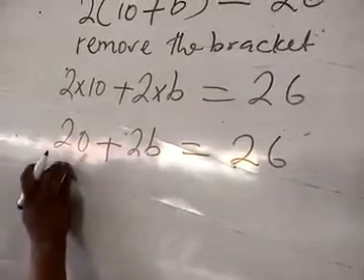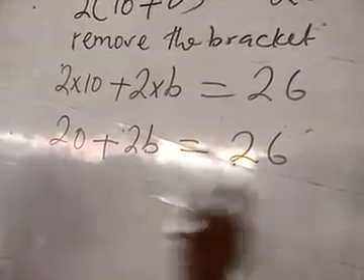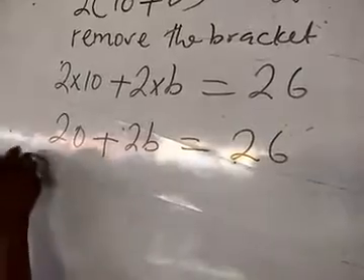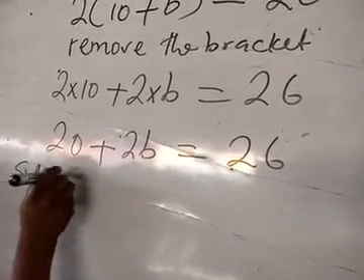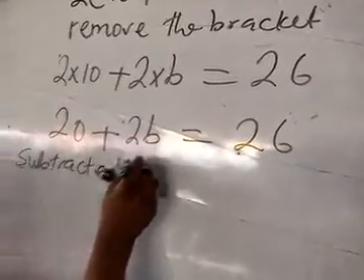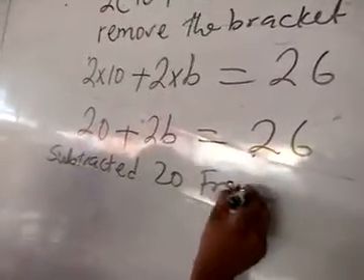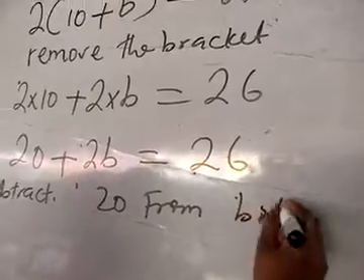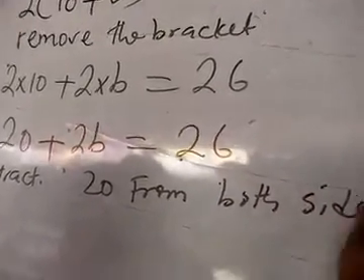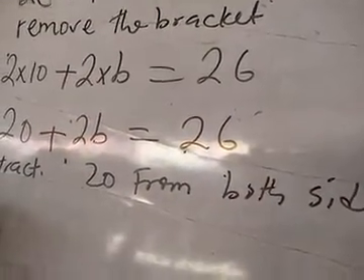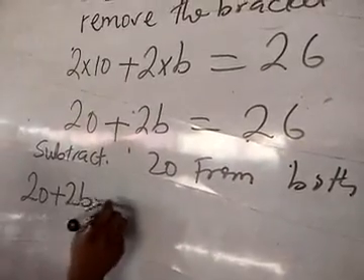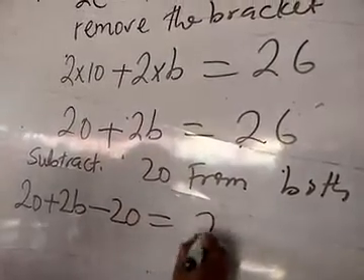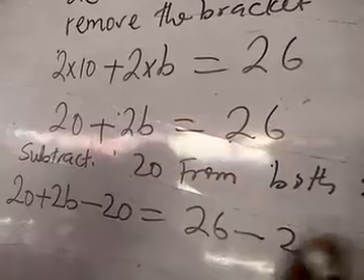Now we want to eliminate this 20. To eliminate this 20, you subtract 20 from both sides. You have 20 plus 2b minus 20 is equals to 26 minus 20.